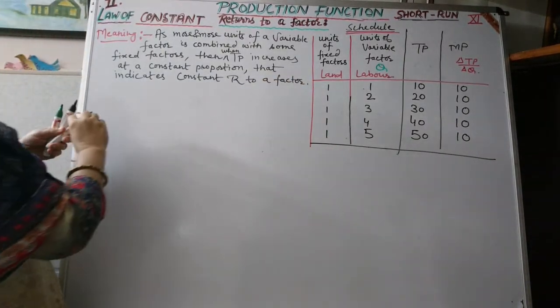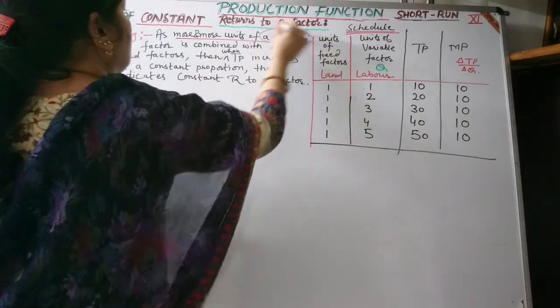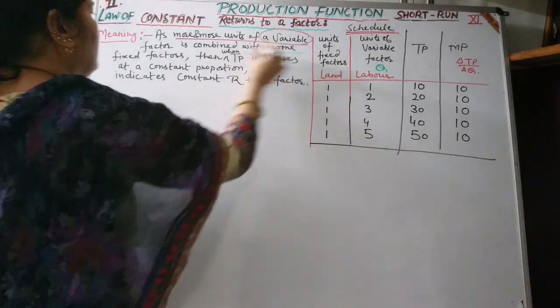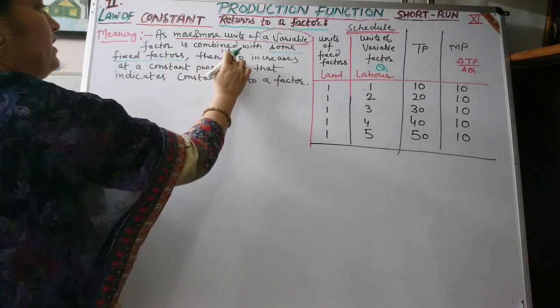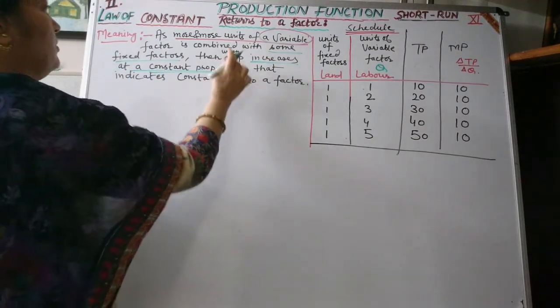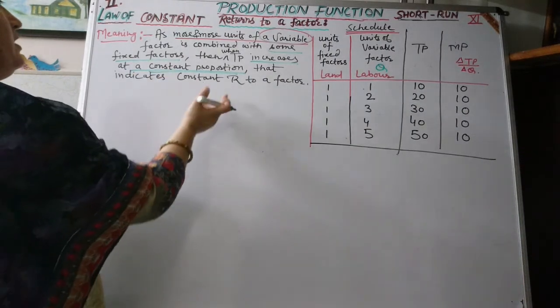It means when more and more units of a variable factor are combined with some fixed factors, and total production increases at a constant proportion, because initially total production increases at an increasing rate.